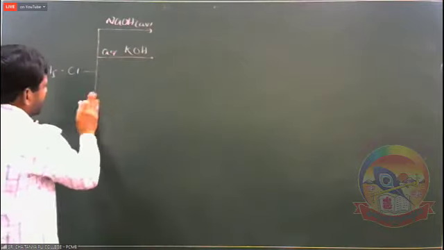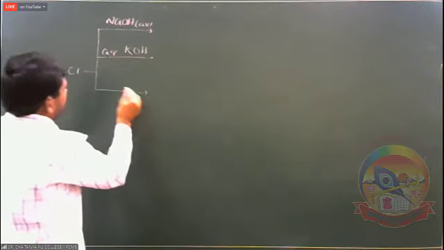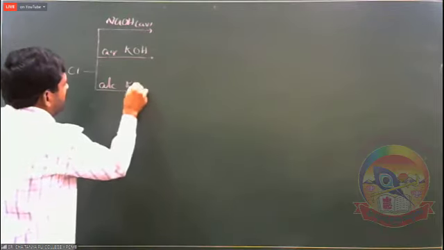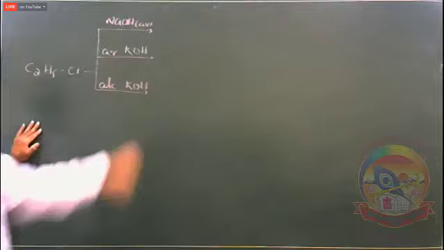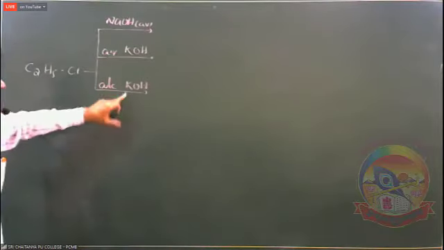Next, it is treated with alcoholic KOH. Alcoholic KOH or alcoholic NaOH means alcoholic base.